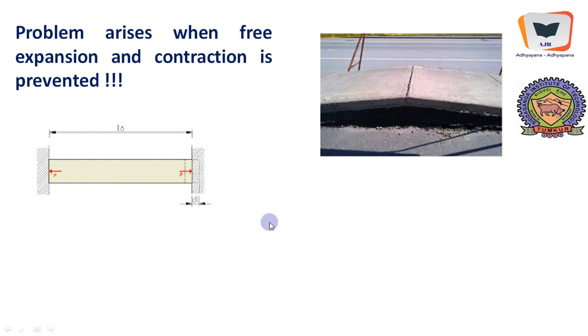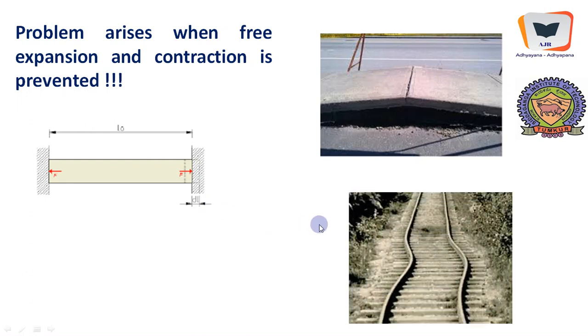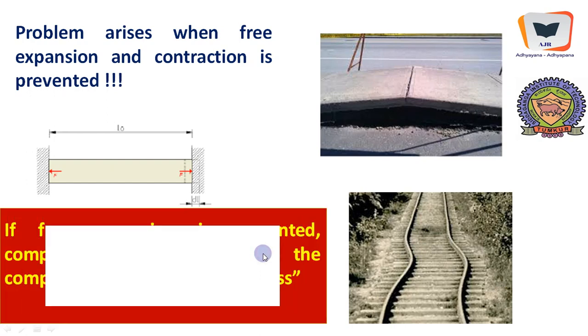So prevented contraction will lead to tension, and prevented expansion will lead to compression. And we know the reason why the expansion gaps are provided in case of rails. If they were not provided, due to excessive expansion the rails will buckle, leading to derailment.